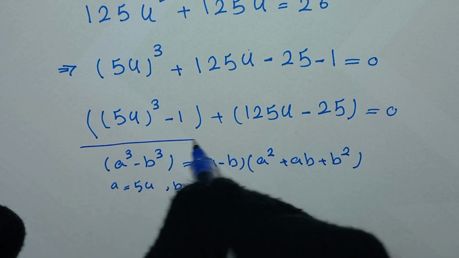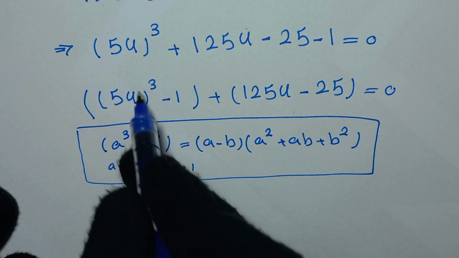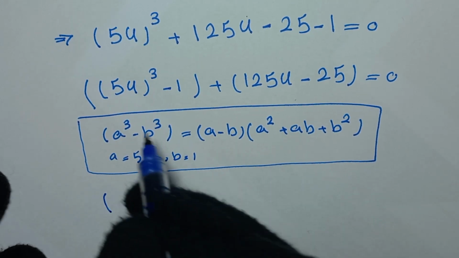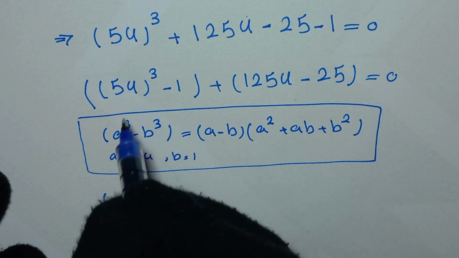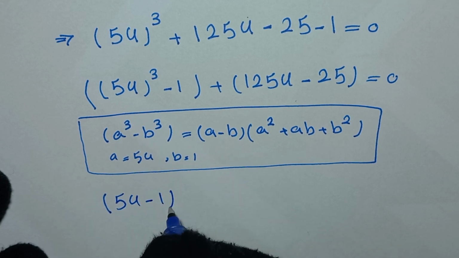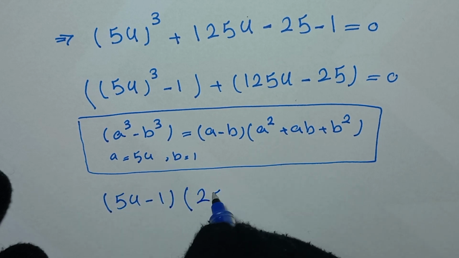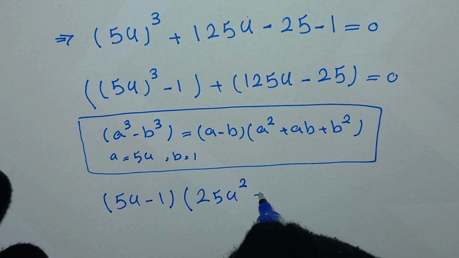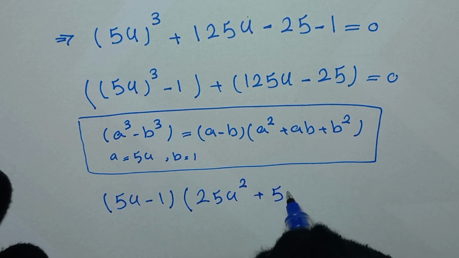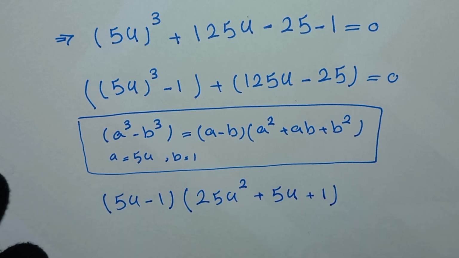So we can write this in this form: a minus b is 5u minus 1, times a square, which is 25u square, plus ab, which is 5u times 1, which is 5u, plus b square, which is 1 square, which is 1.